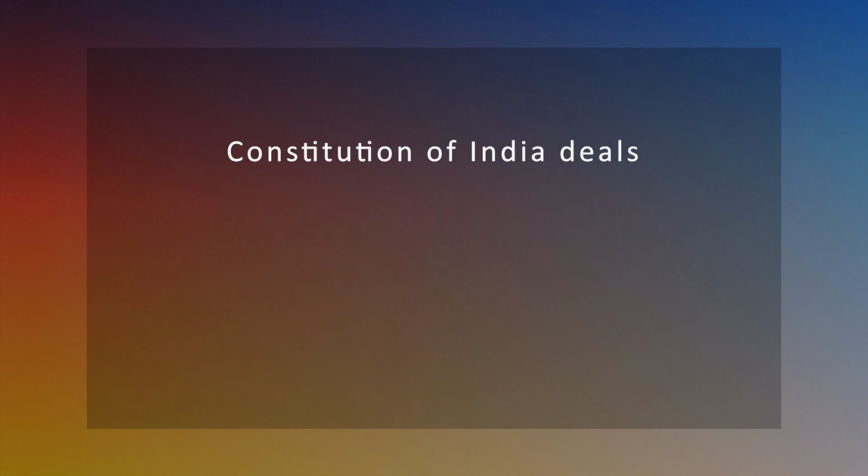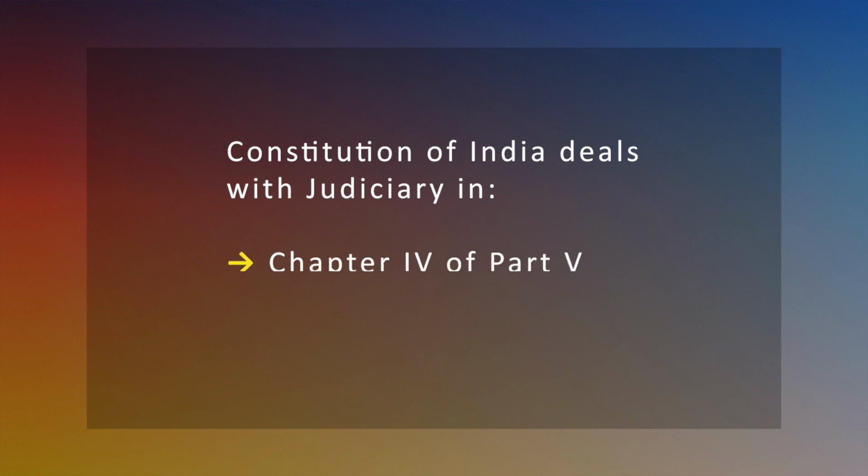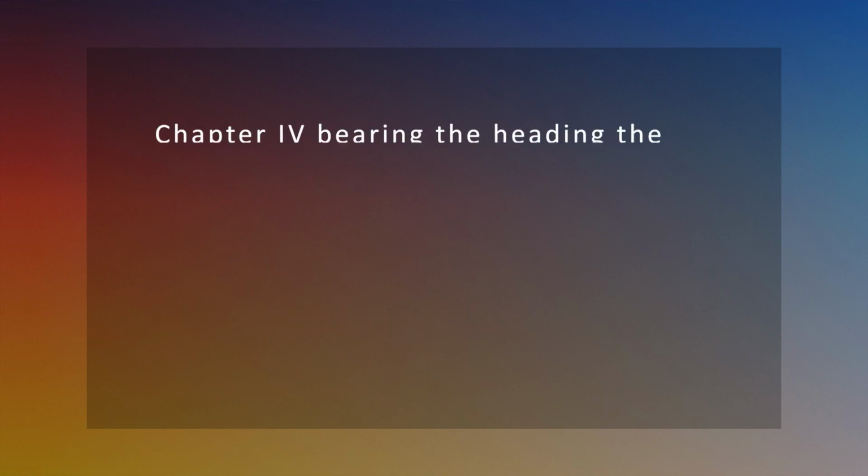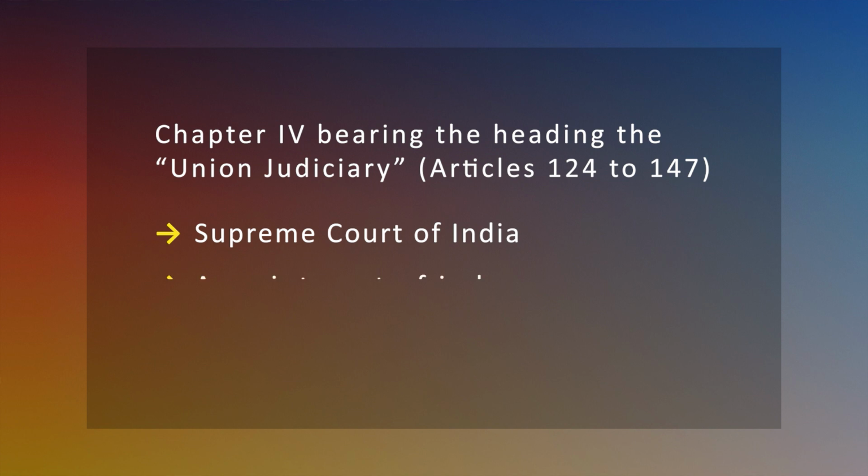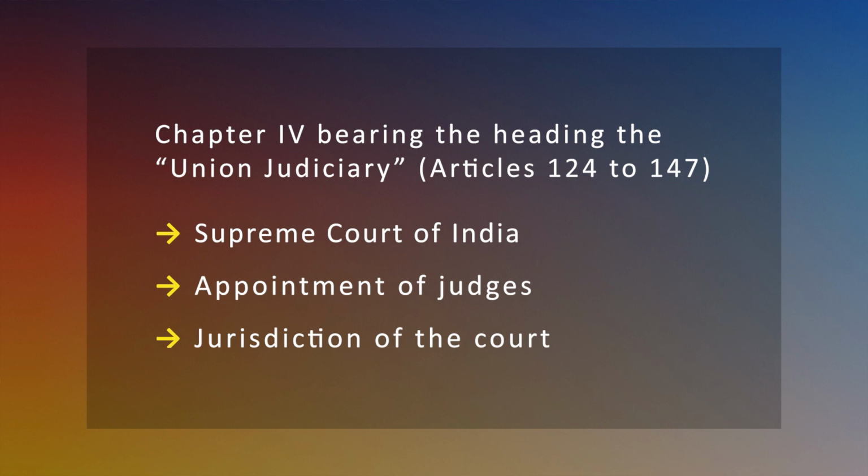The Constitution of India deals with the judiciary in Chapter 4 of Part 5 and Chapter 5 of Part 6. Chapter 4, bearing the heading The Union Judiciary, starts from Article 124 to 147. It elaborately deals with the Supreme Court of India, appointment of judges, the jurisdiction of the court, and other details.